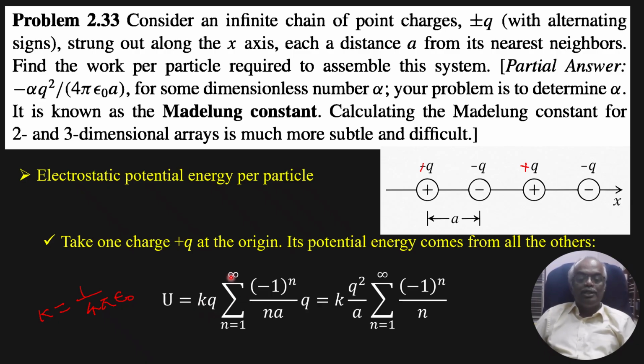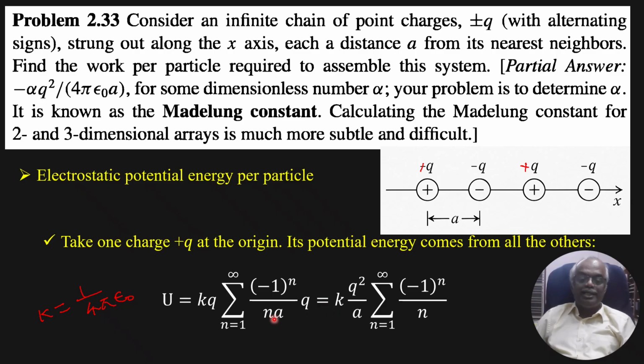So kq, this is the charge q at the origin, times the summation over n equal to 1 to infinity of minus 1 to the n over na, because the first particle is at distance a, the second at distance 2a, the third at distance 3a. So na comes here. Similarly, you have alternating positive and negative charges, so minus 1 to the power n, multiplied by this q.